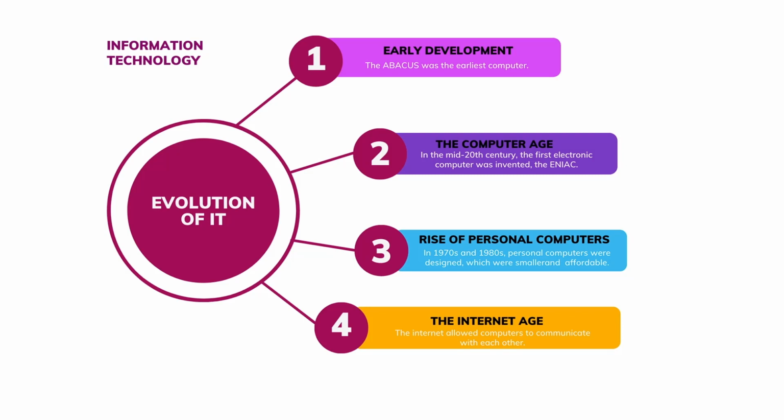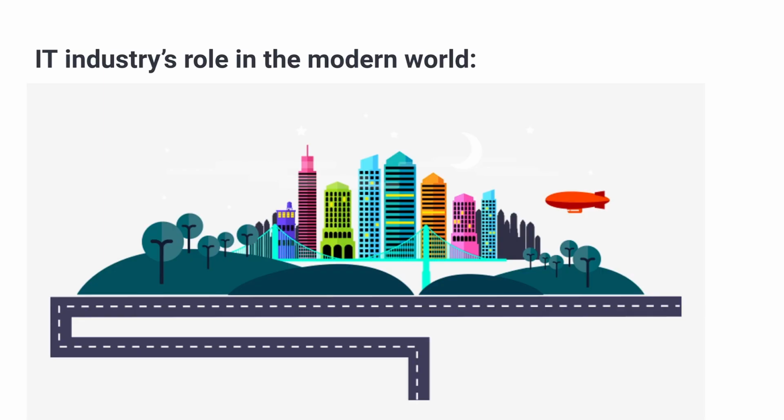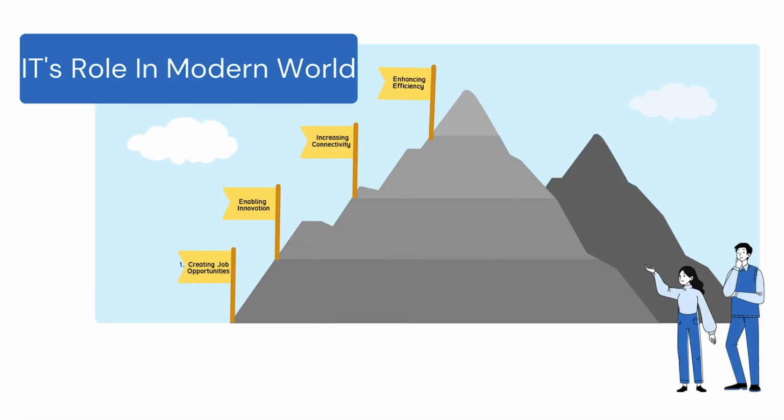Okay, now we are about to complete our last topic, IT industry's role in the modern world. Okay, let's get started. Now here again I included 4 points. Creating job opportunities, enabling innovations, increasing connectivity, enhancing efficiency.